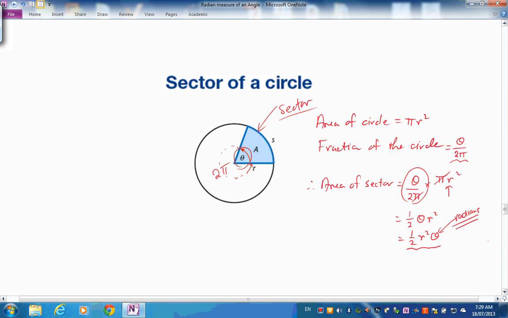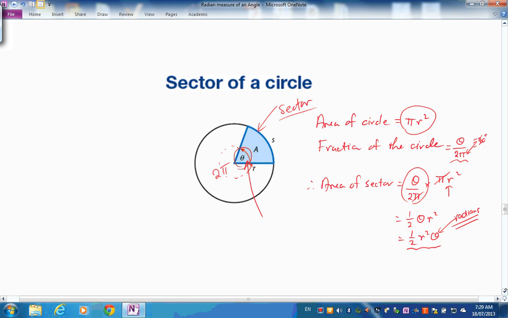So the best way of finding the area of a sector is to change this angle to radians. Then a half r squared times it will give you the area of the sector. It's all based on portions of the area of the circle. Okay, find what portion. Just remembering that an angle of 2 pi is equivalent to 360 degrees. Okay, so that's the notion there.